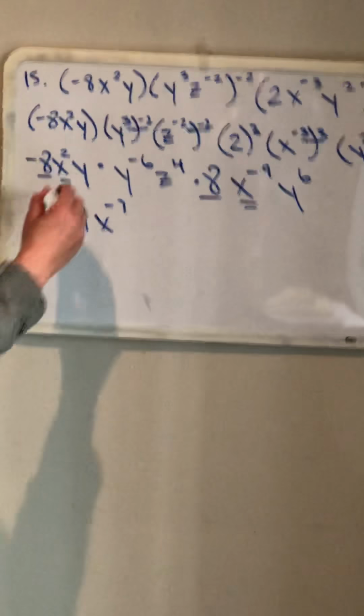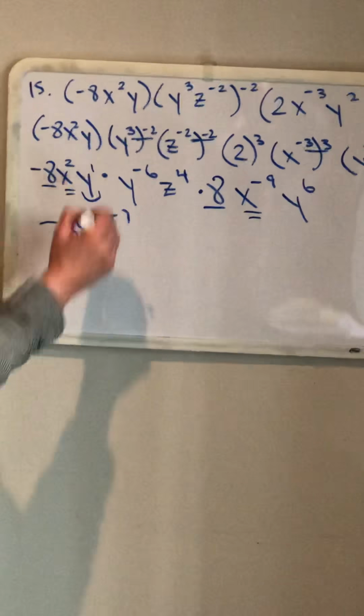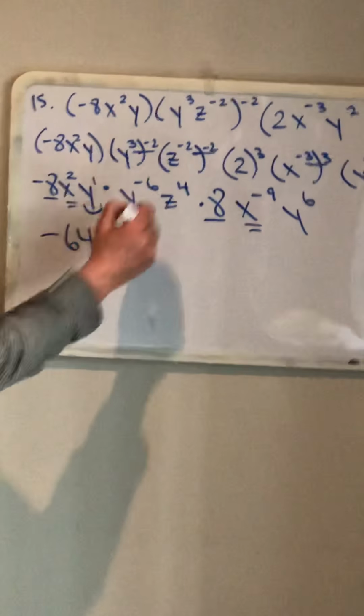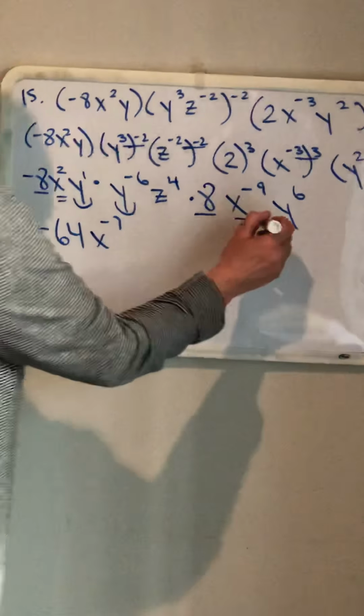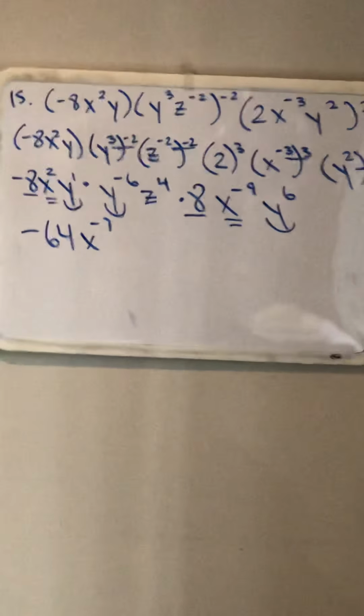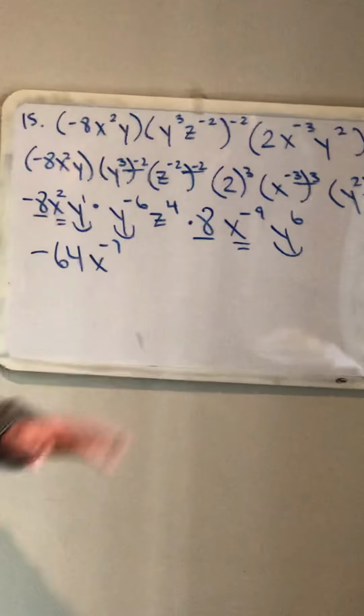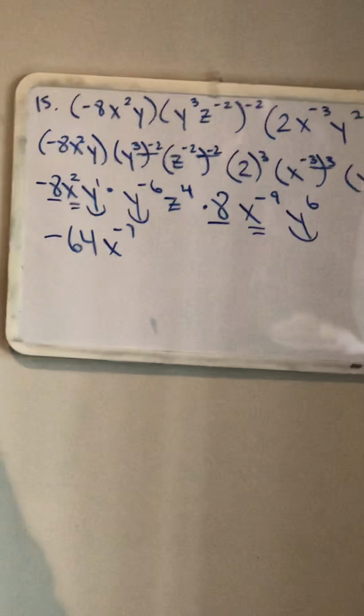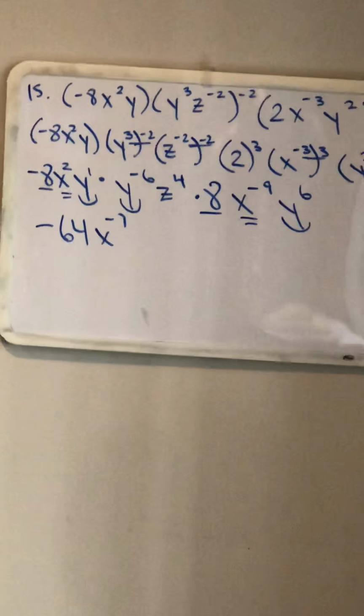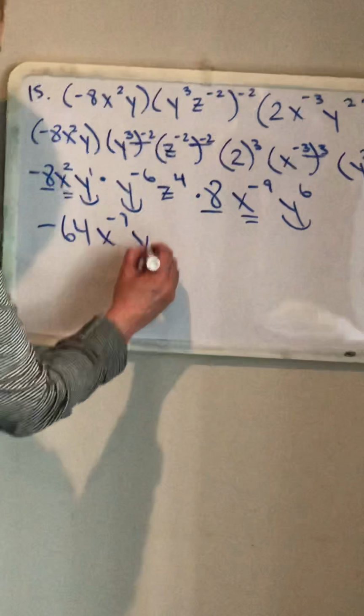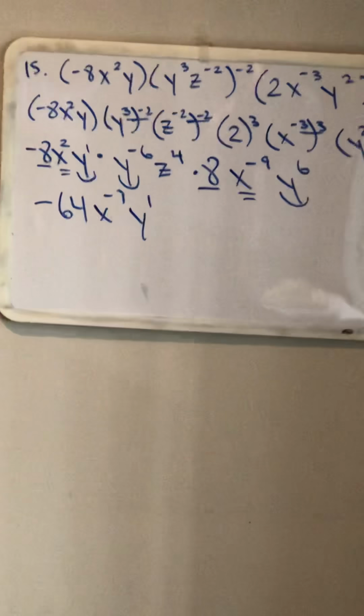For the y's, you have y to the first, y to the negative 6th, and y to the positive 6th. So if I add all those powers, 1 plus negative 6 plus 6, I get 1. So this is y to the first. And then z to the fourth is all by itself.